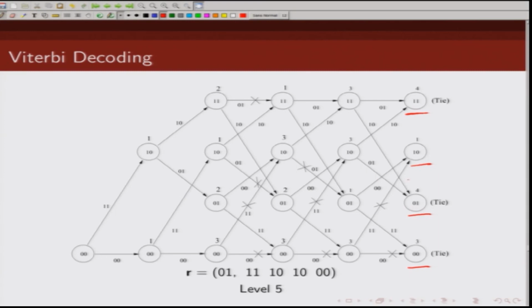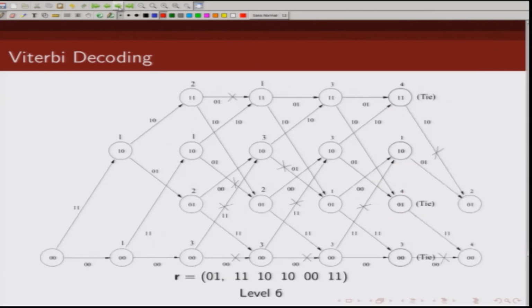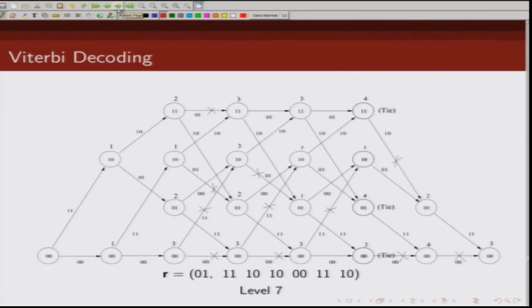And when you have multiple branches converging at a particular state, you need to pick the branch which will give you the best path metric. That will be your surviving path, and you need to keep track of the metric value as well. So, we continue this step until we come to the end.